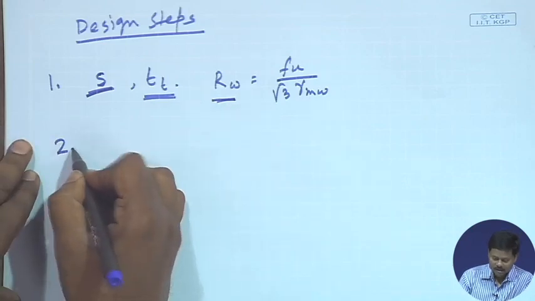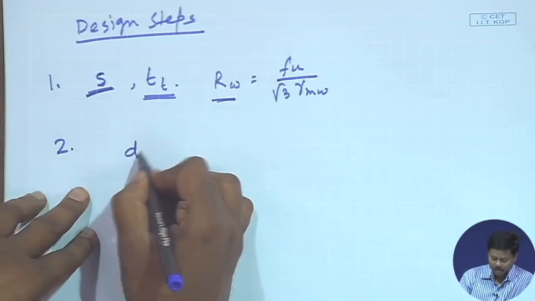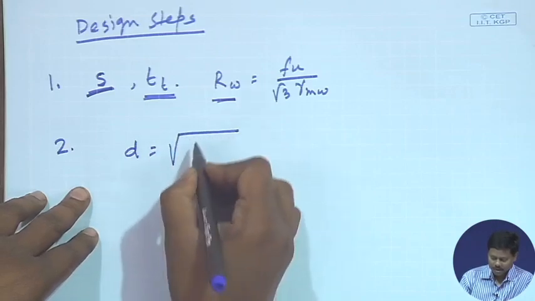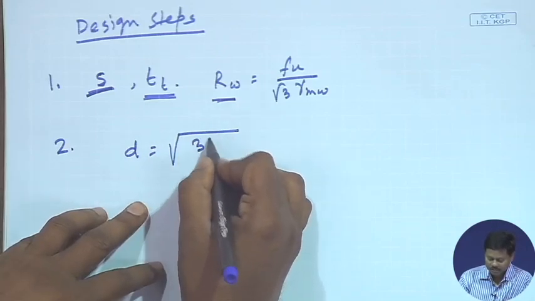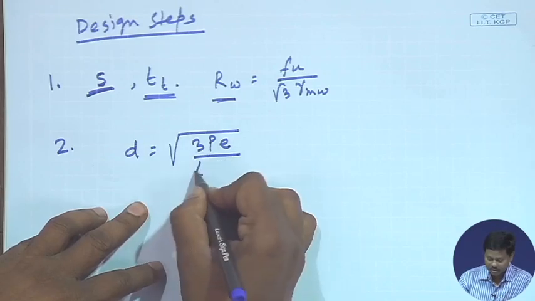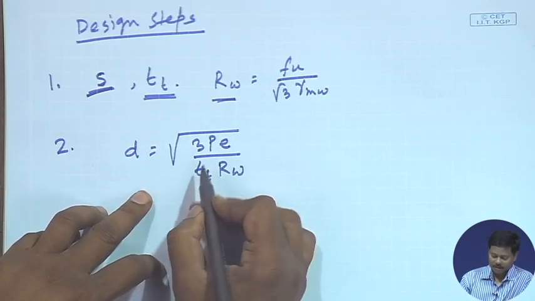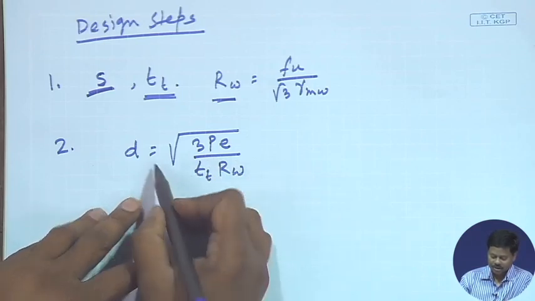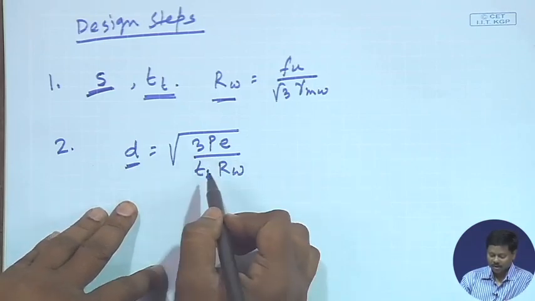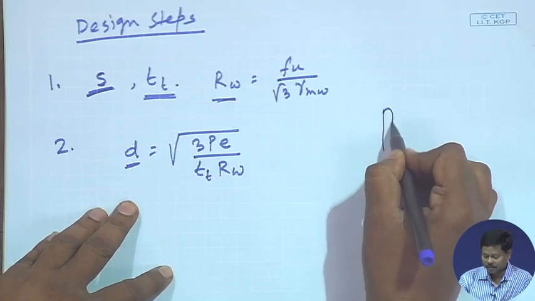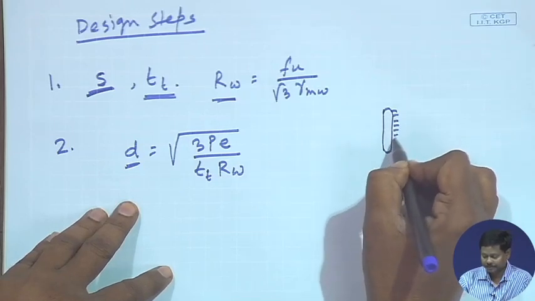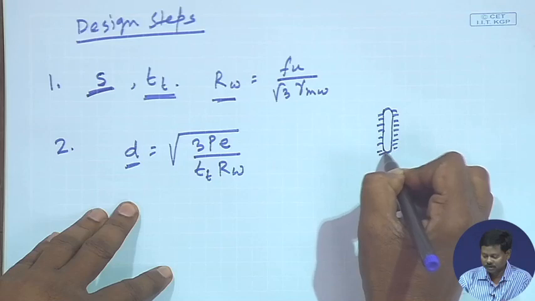Then in the second step, we can find out the D value. D means depth of weld, that is 3 P e by Tt into Rw. This is what we found earlier, from the earlier equation we could see that the D value can be found. D means the depth of the weld, this portion, right.